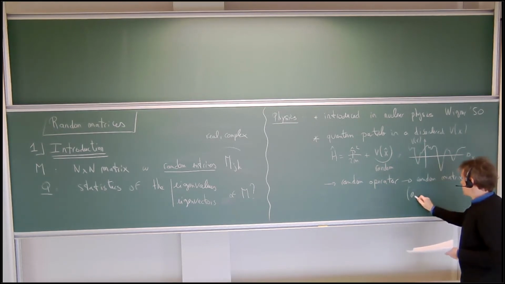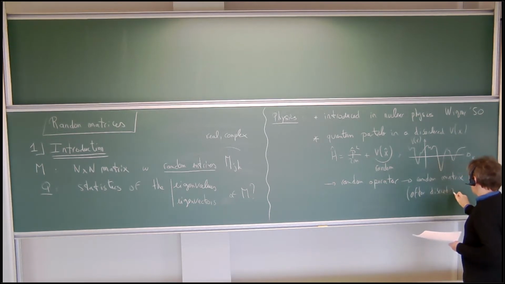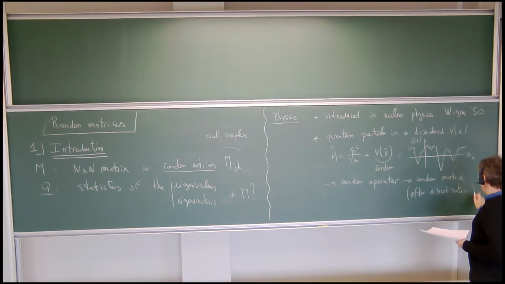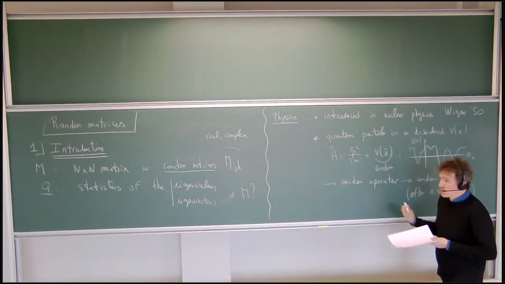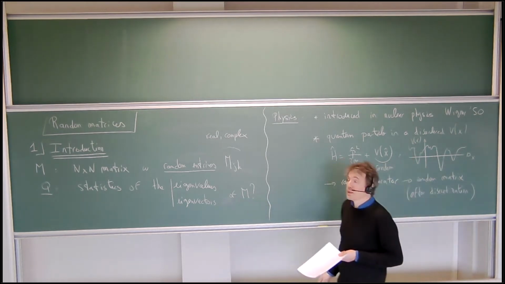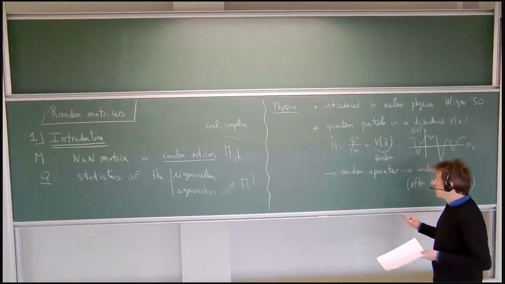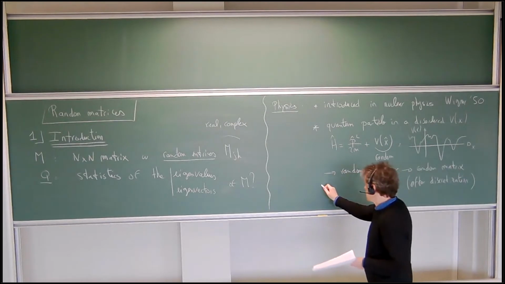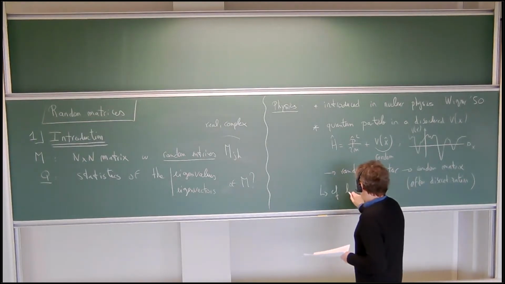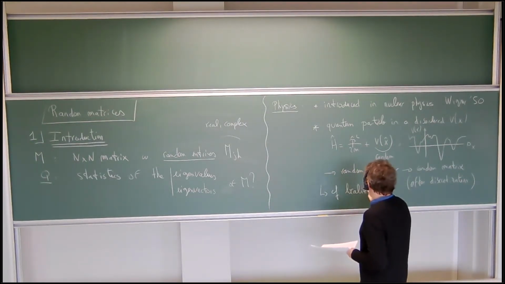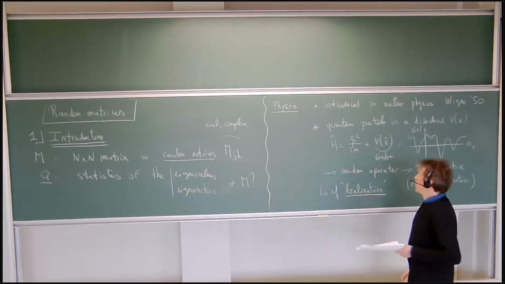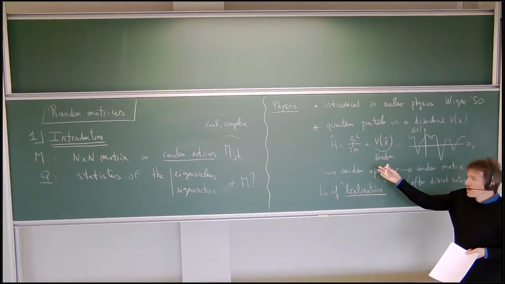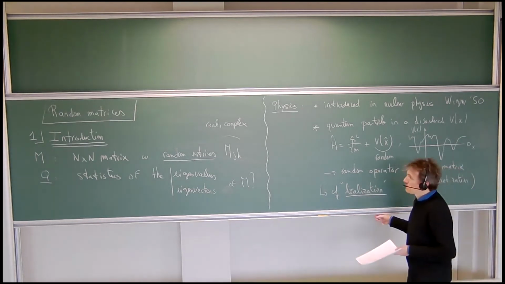So that's after discretization. And you would like to say something about the spectrum of H. You would like to say something about the eigenvectors of H. And this has to do with the problem of localization that we will study next week. But you see indeed that random matrices naturally arise in this context.